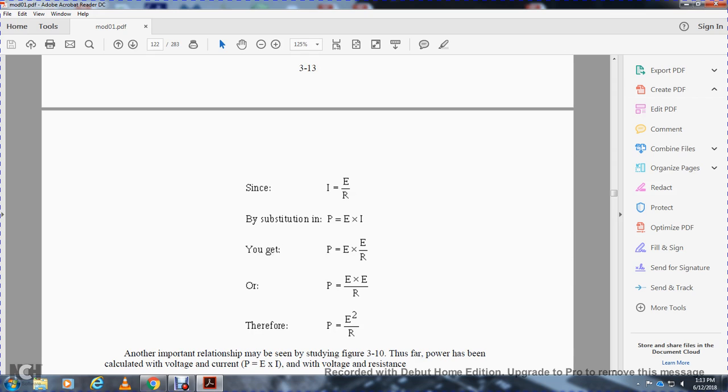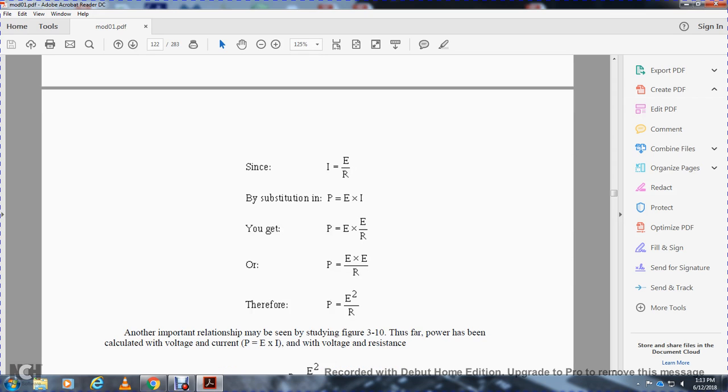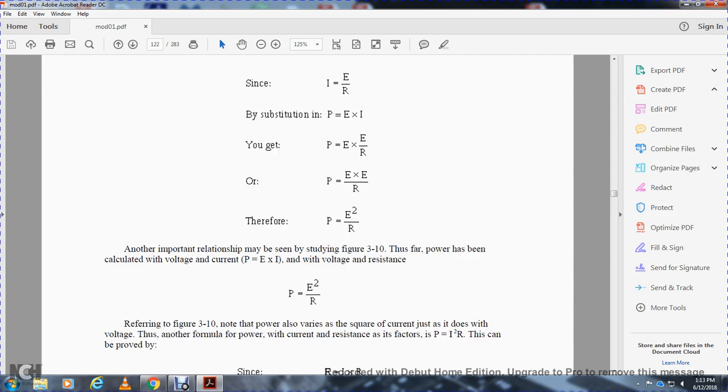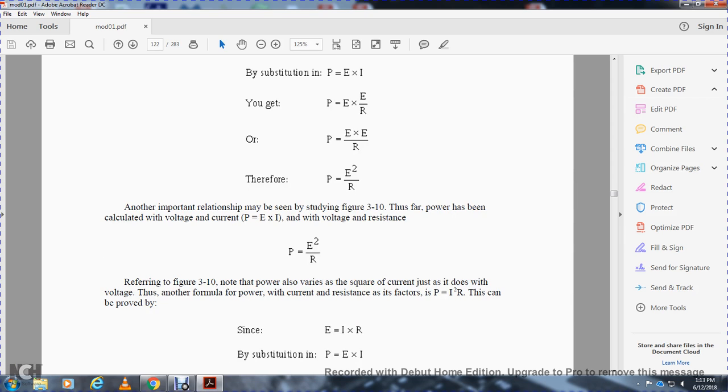Another important relationship may be studied with Figure 3.10. The power has been calculated from the voltage and current, where the current is equal to volts over the ohms, and the voltage is the resistance times current. So the power is equal to voltage squared over the ohms. In Figure 3.10, note that the power varies with the square of the current just as with the voltage. Another value of the power, in terms of current and resistance, is power equal to amperes squared times the ohms.